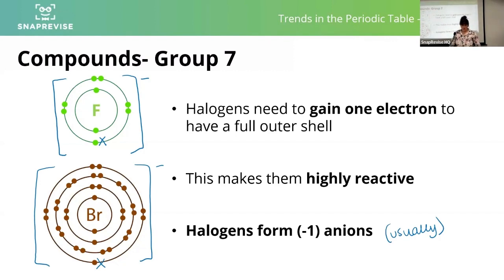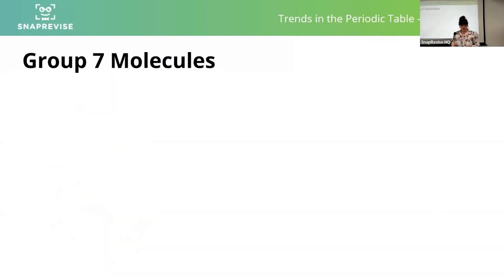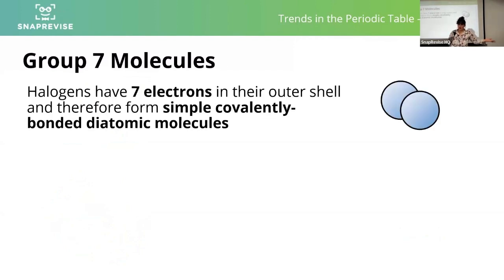Hopefully none of this is new to anybody, but when our halogens exist at room temperature and pressure, they exist in molecules. So as well as forming ions, they can also covalently bond with other elements that need one more electron. And they can form diatomic molecules with themselves.